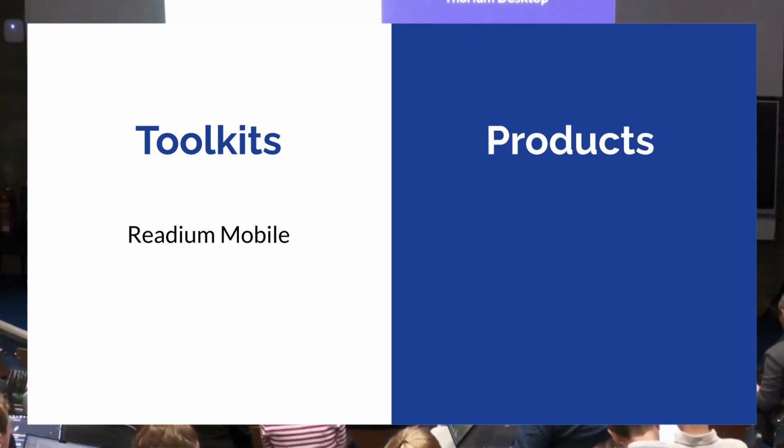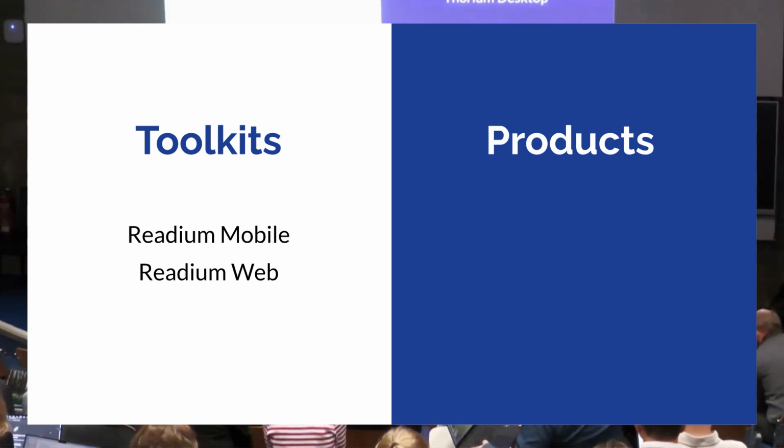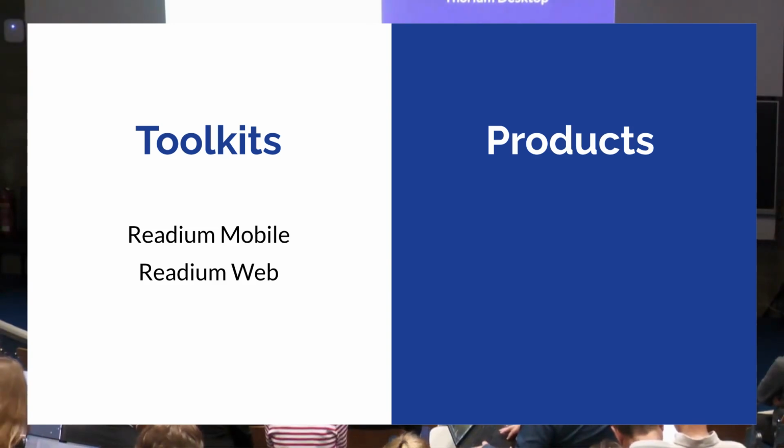And we've been working on Readium for mobile for a number of years. That's what we've seen a lot of people mentioning in the previous session. But we've also been working on Readium Web, which we'll touch upon today. And so Thorium, instead of being just pieces, are full reading apps. So some of you may already know and use Thorium Reader, that I'm referencing here as Thorium Desktop.